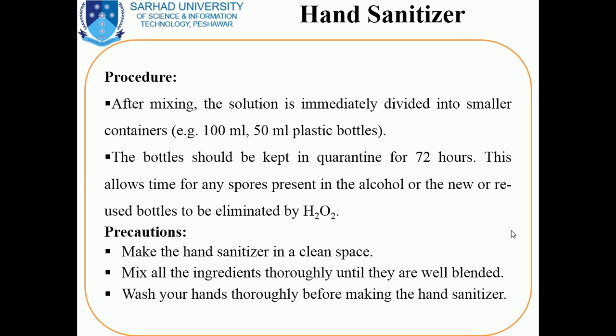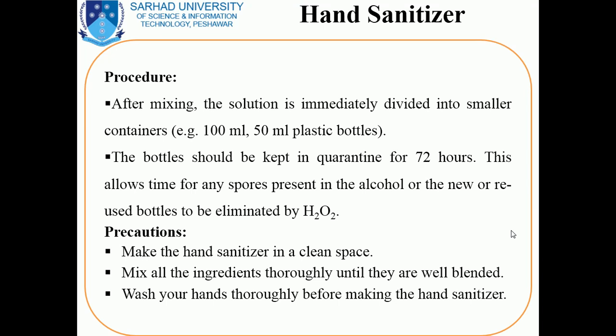Remember that after the immediate transfer, the bottles should be kept in quarantine for 72 hours. This allows time for any spore present in the alcohol or the new or reused bottle to be eliminated by hydrogen peroxide. Why do we keep it in quarantine?